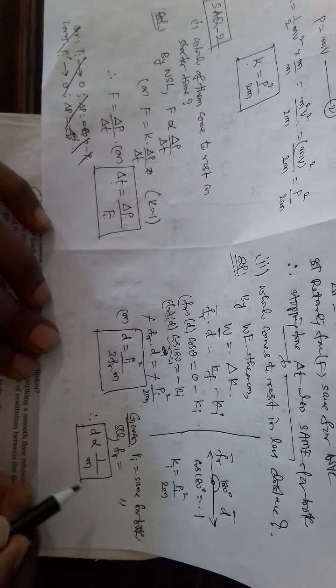Before it comes to rest, how far it travels depends upon mass. The travelling distance is inversely proportional to the mass of the vehicle. In the case of the lorry, the mass is more, so the distance travelled will be less.